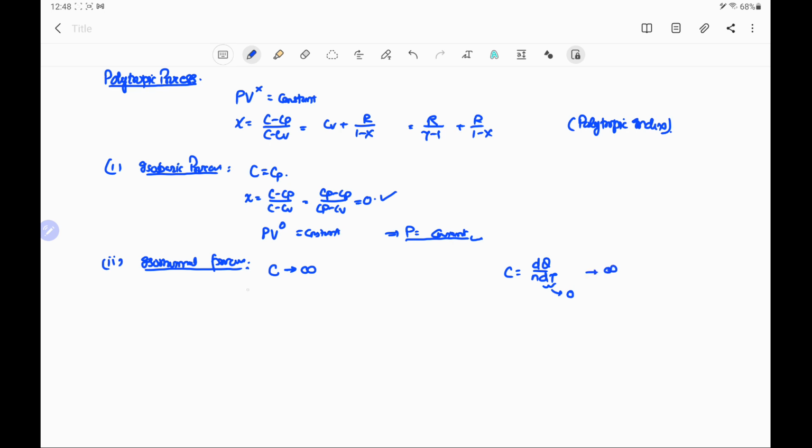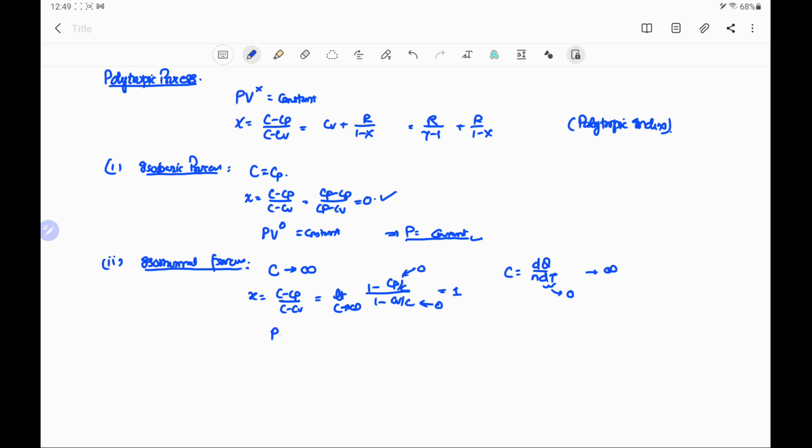If this C tends to infinity, then polytropic index x will be equal to (C minus Cp) by (C minus Cv), and for this limiting case of C tends to infinity, we divide numerator and denominator by C, so we will have (1 minus Cp by C) by (1 minus Cv by C), and substituting value of C, this term will become 0, so we will have the value of x as 1.